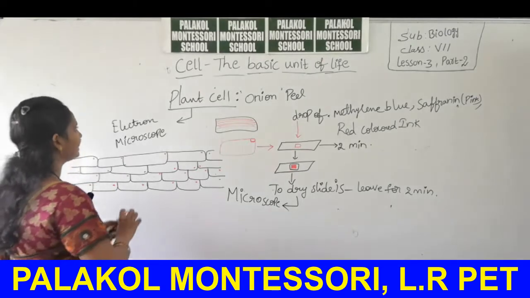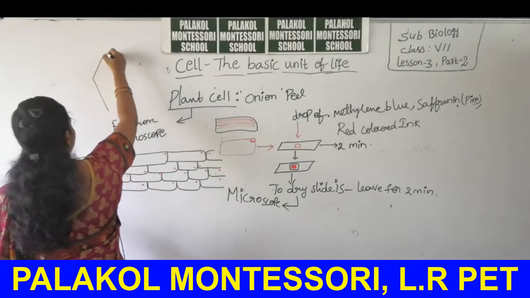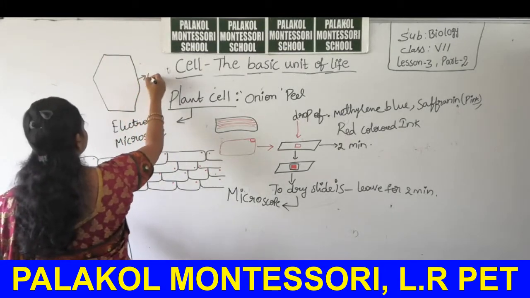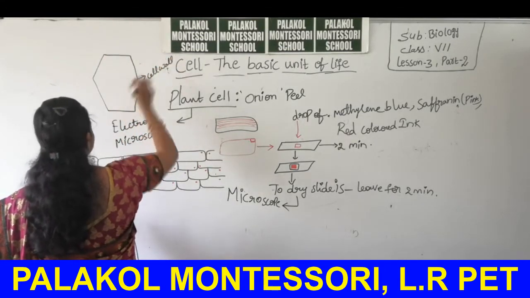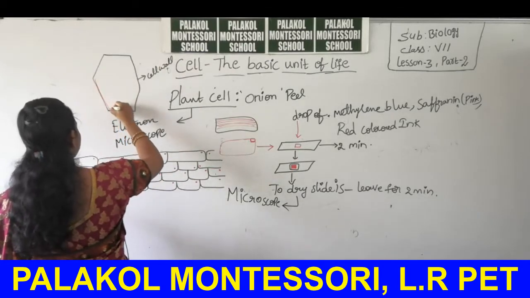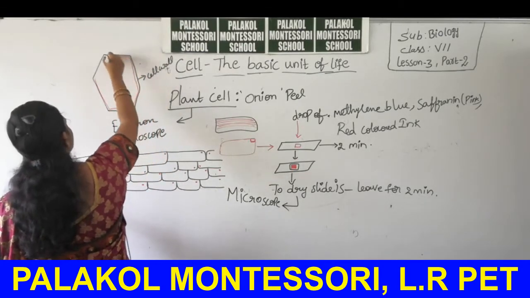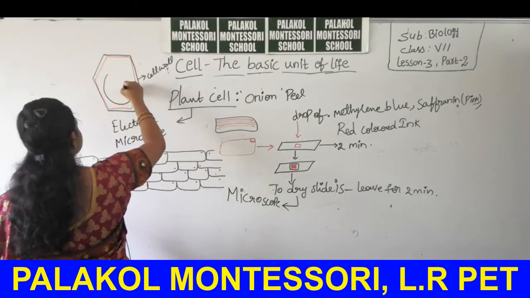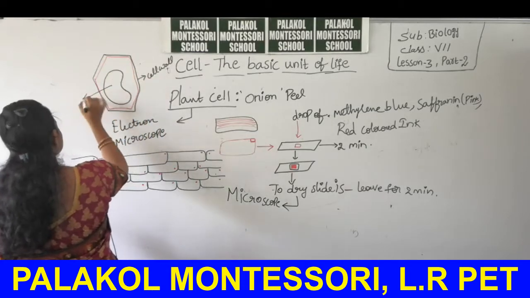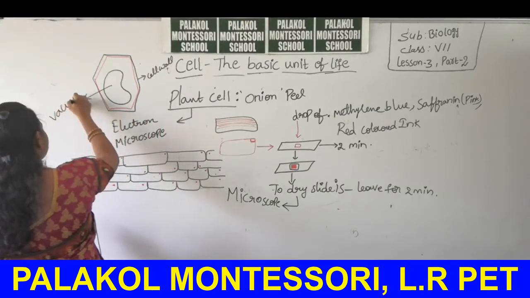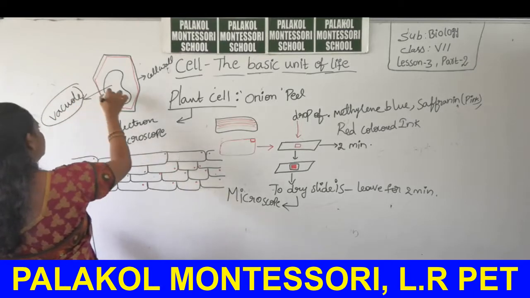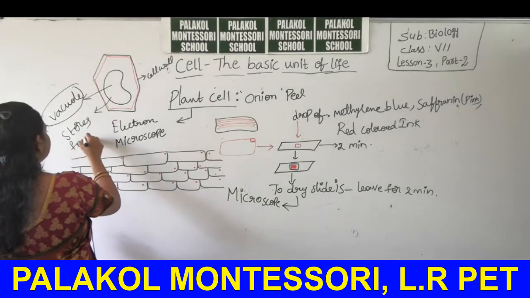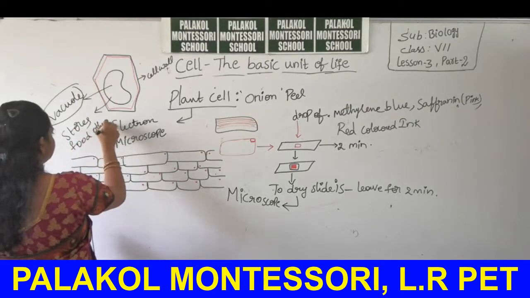Because in the case of a plant cell, this is the cell wall. Inside it the plasma membrane is present. Inside it a large central vacuole is present, students. The large central vacuole can store food and other secretions.